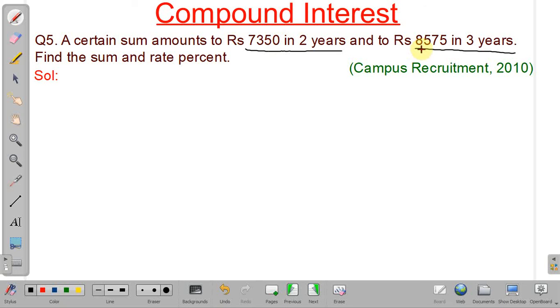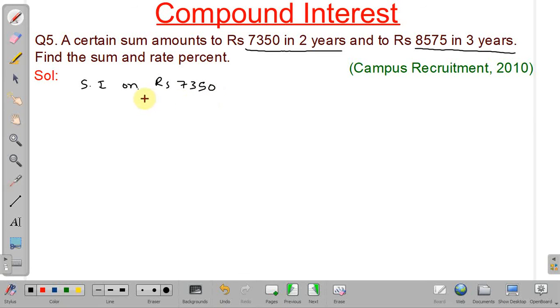It can be calculated as amount after the third year minus amount after 2 years. That will give the interest for the third year. So simple interest on rupees 7350, as compound interest and simple interest will be the same if the duration is 1 year.